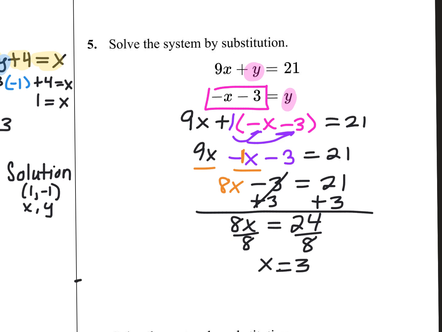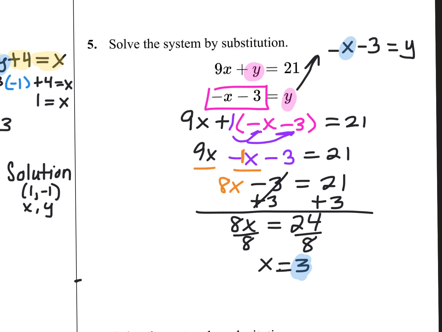You guessed it, though. We still need to get a y-coordinate. So I'm going to use my y equation. So my negative x minus 3 equals y. And everything's going to be the same except instead of writing an x, I'm going to write a 3.